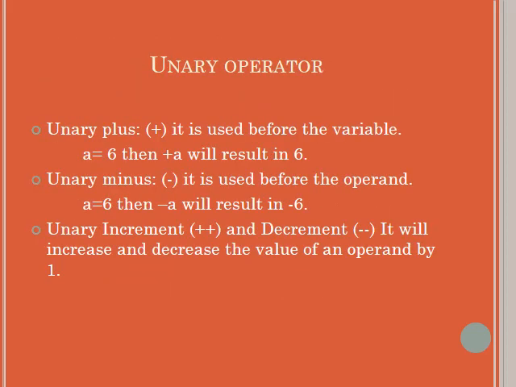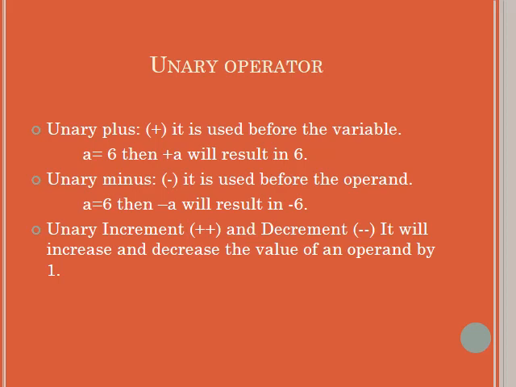Unary operators: unary plus, unary minus, unary increment and decrement. Let us start with unary plus. It is used before the variable. If a = 6, then +a will result in 6. Unary minus is used before the operand. If a = 6, then -a will result in -6.